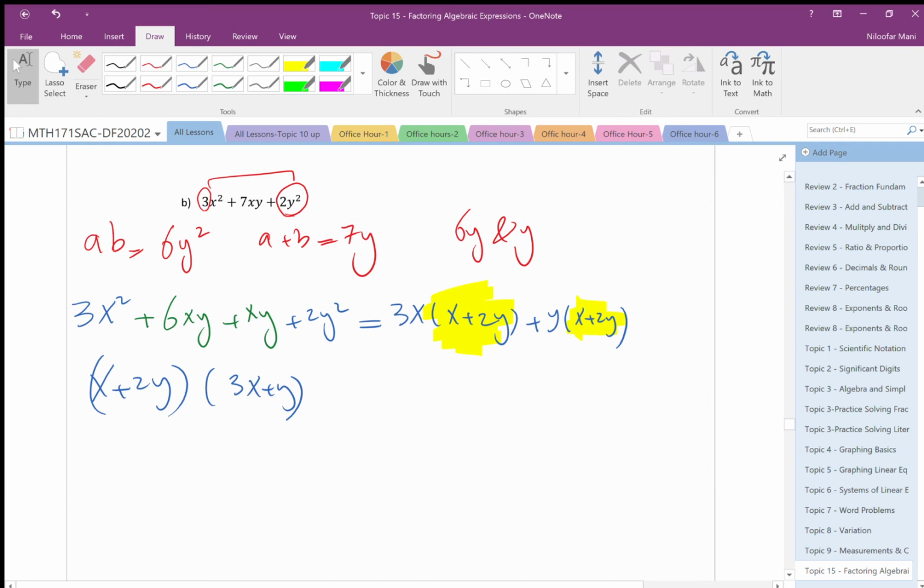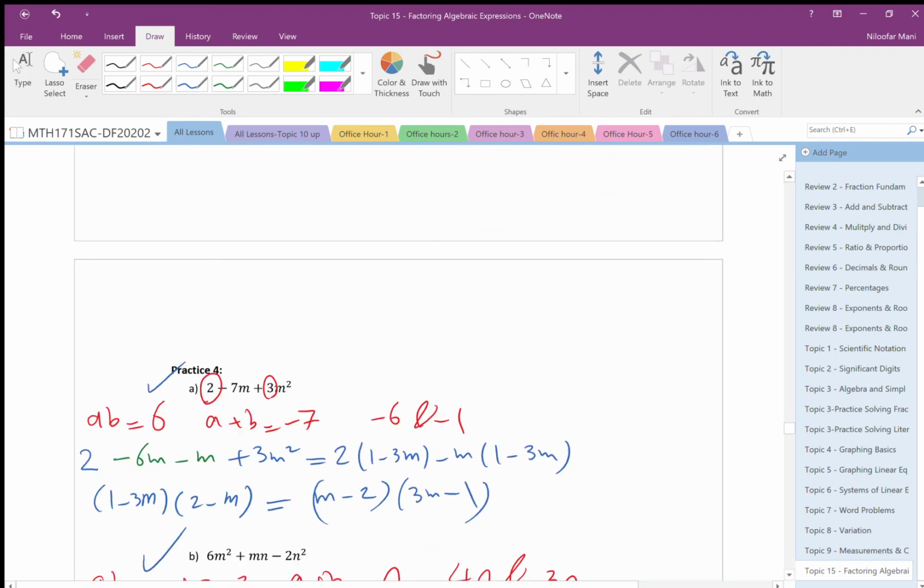I don't touch 3x squared, I don't touch the last one, I rewrite this in the middle. Then I factor from the first two, common factoring, and from the second two, and then I factor the bracket which is in common. The same as what I did here for the second type, where a is not 1.